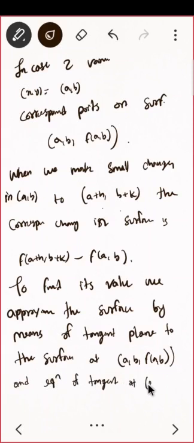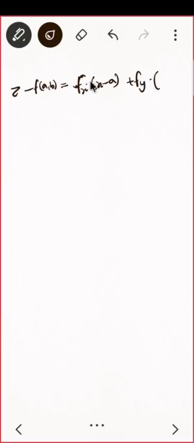The tangent at (a, b, f(a, b)) is given by, you know the formula, z minus z naught. So z naught is f(a, b): z minus f(a, b) is equal to fx into x minus a, where fx is taken at (a, b), plus fy into y minus b.